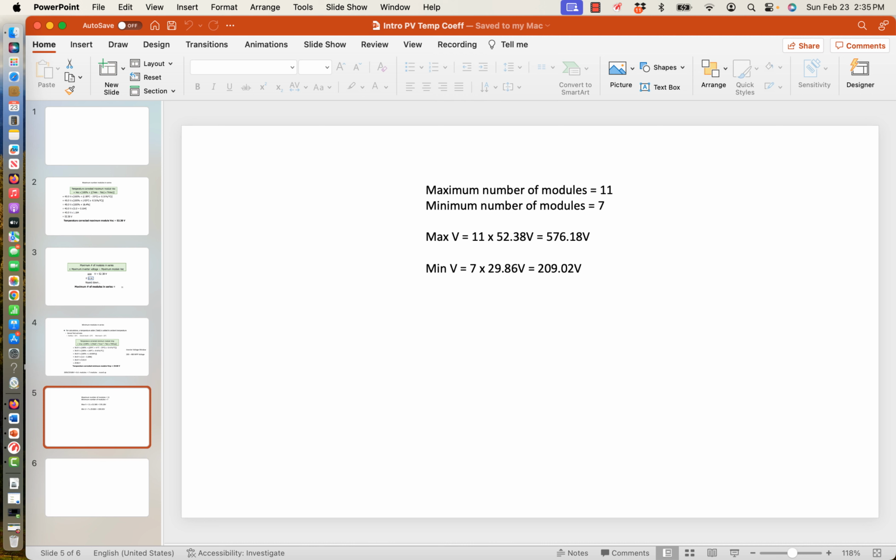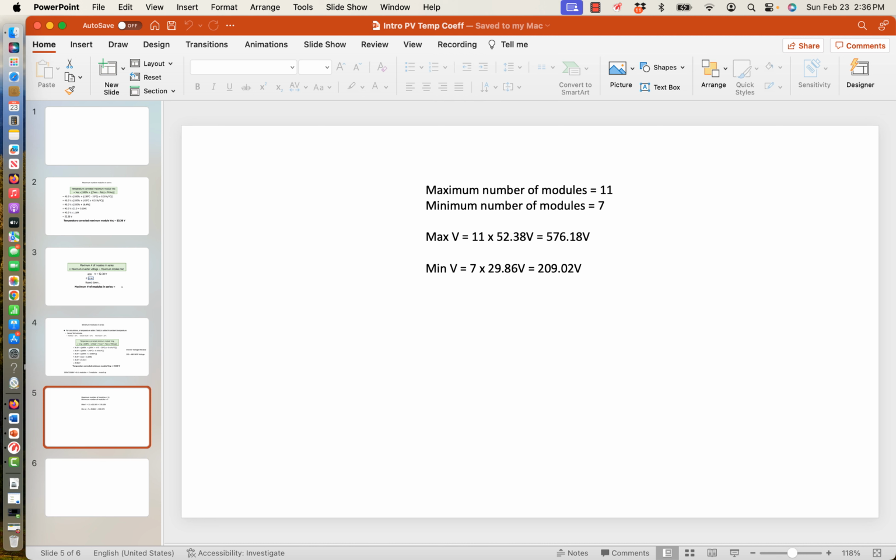Even though this is greater than 480 volts, that 576 volts would be seen at sunup on the record cold day. And as that sun came up, it'll start heating up the modules, lowering that voltage down. And then eventually, when the inverter engages, it'll be at VMP. So this would work just fine.